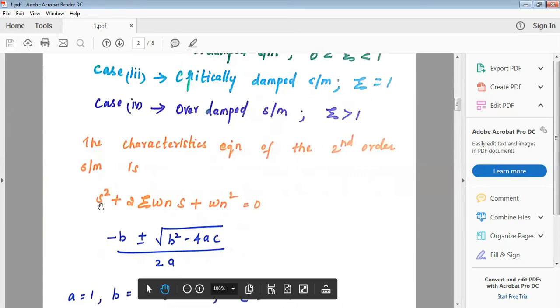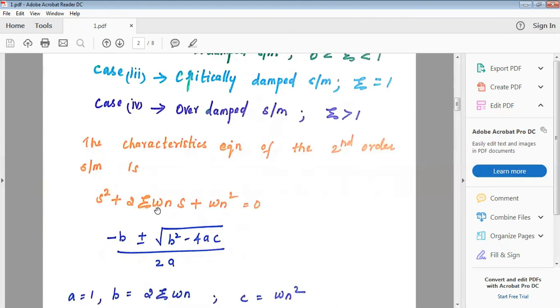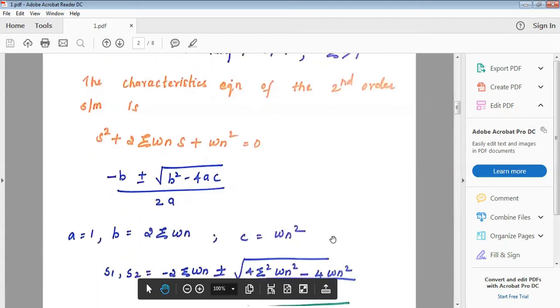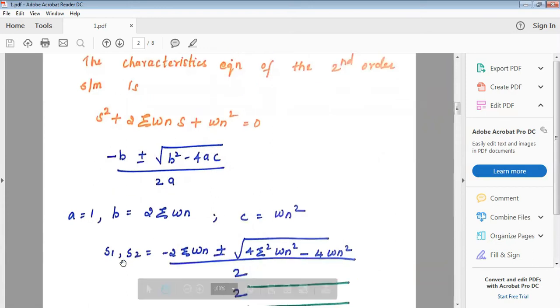Here the value of a is equal to 1, the value of b is 2 theta omega n and the value of c is omega n square. Now substituting these a, b, c values in this expression, we will get the 2 roots.